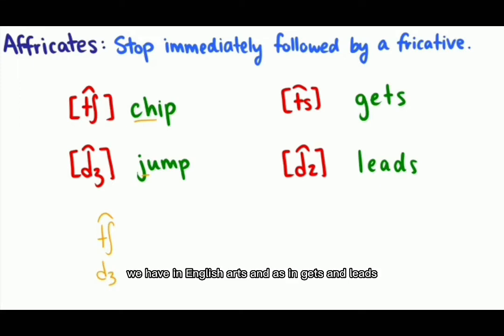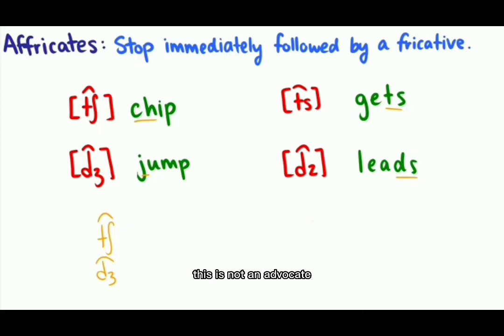The other two we have in English are "ts" and "dz", as in "gets" and "leads". Now these are affricates and they only occur at ends of words in English, but you can tell just by how quickly they're pronounced after each other. Compare, say, "ks" in a word like "leaks".